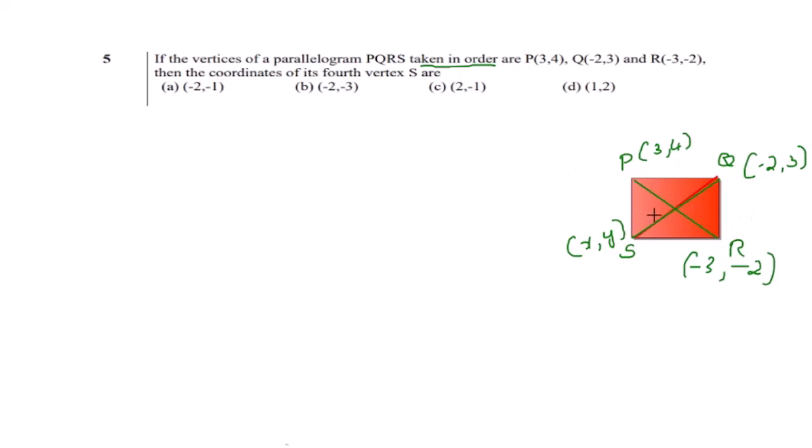So according to the property of the parallelogram, the diagonals always intersect each other. That is the property we have learned from 8th standard.